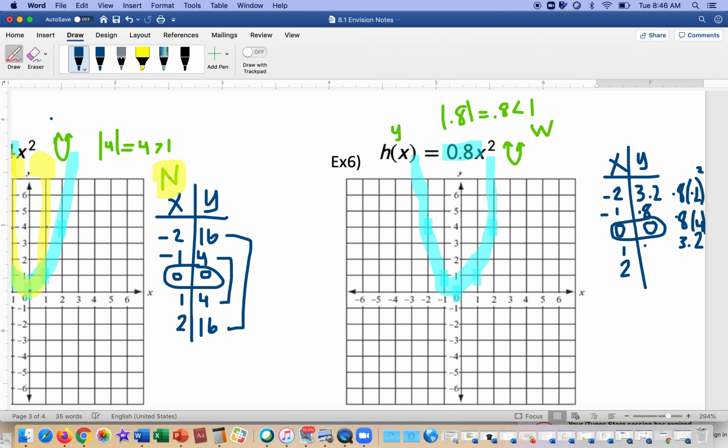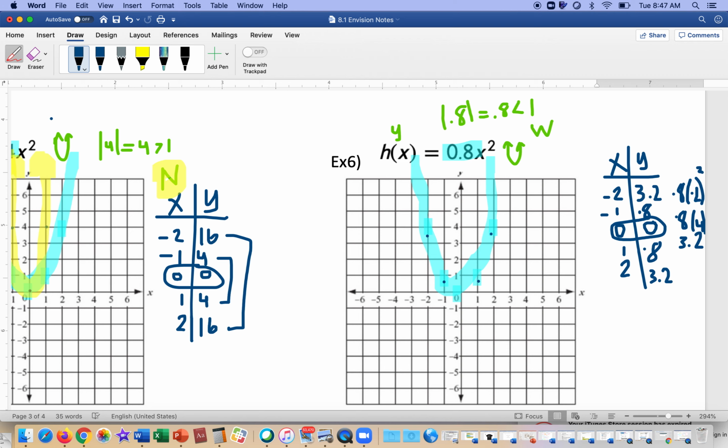So same thing over here, because it'd be equidistant. 1 is the same unit away from the vertex as -1. We're going to get 0.8. And 2 is 2 away from the vertex, just like -2, so we're going to get 3.2. So if I go to graph this at -1, it's going to be 0.8, and -2, we're going to have about 3.2.